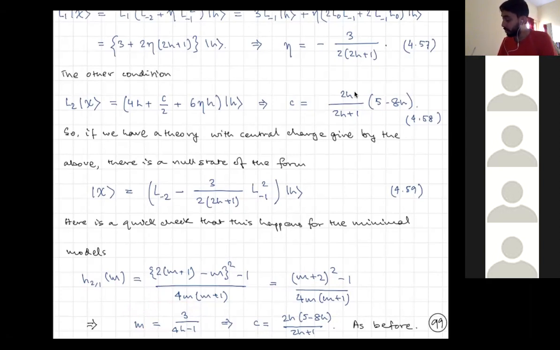Now, if you do that, you see that you'd come up with the same expression here that you did from our calculation above. This proves that for all this minimal series that we had earlier, we would have a null state at level 2. Okay, so this just shows you that this is what is going to happen.